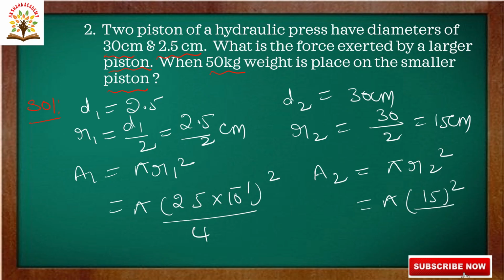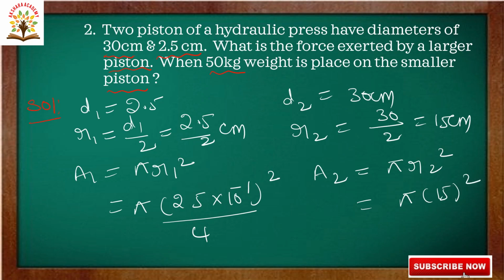R1 is nothing but D1 by 2, 2.5 by 2, R2 is equals to 30 by 2, nothing but 15. So A2 is equals to pi into 15 whole square.